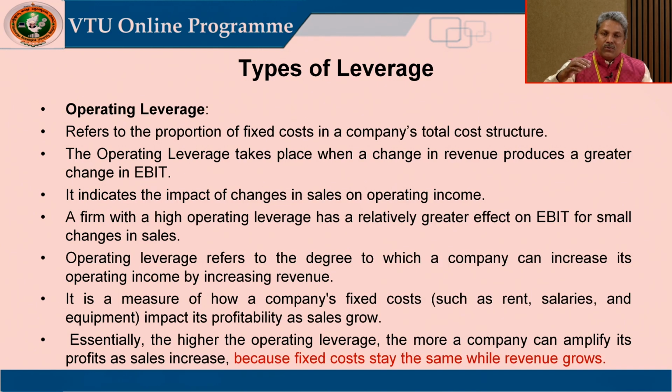If we are able to sell 100 units, then these 100 units will be sold for 2 lakh rupees. So if you are selling only 25 units, the revenue is only 50,000.